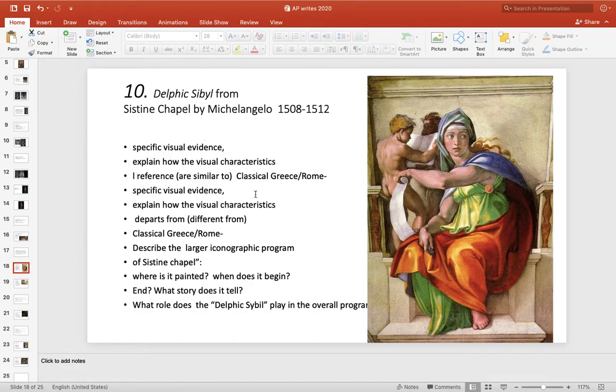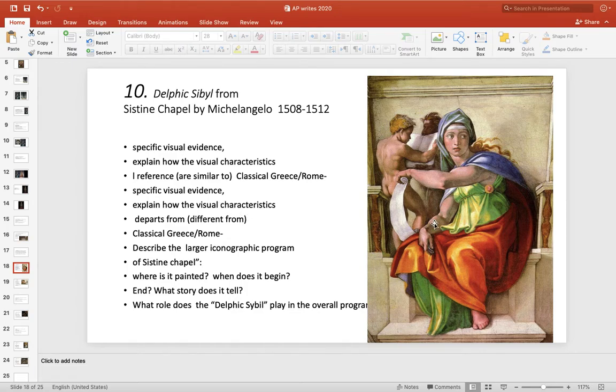So just going piece by piece, if you look at it visually, how is it similar? It looks Greek, it looks Hellenistic, it looks natural, it looks beautiful, it looks like a classical Greek work. If you look at her physique, her arms, she almost looks like a male Greek statue.